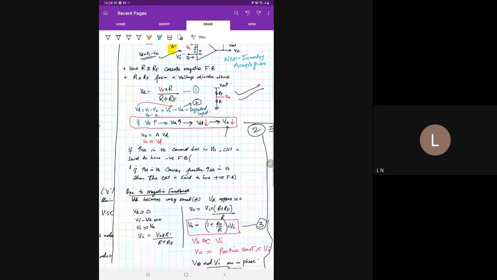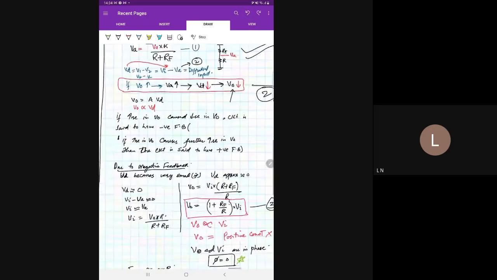We can say that due to negative feedback present in the amplifier, Vd becomes small.